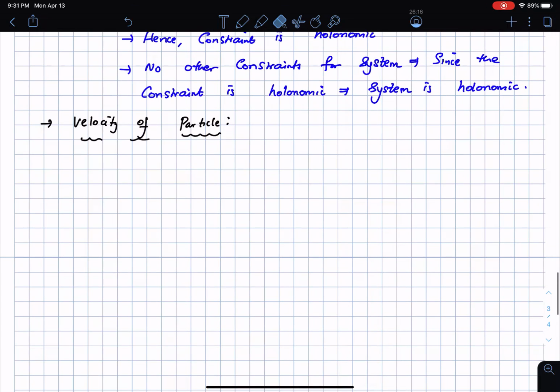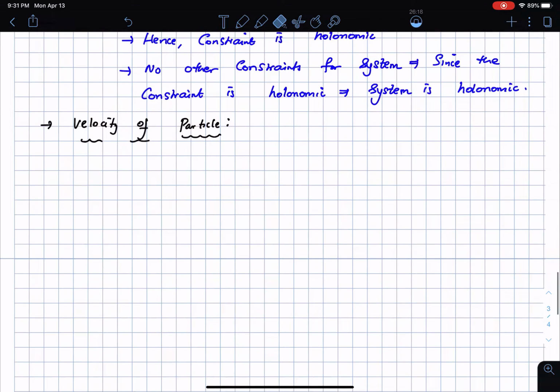The velocity is then r dot er plus r er dot.